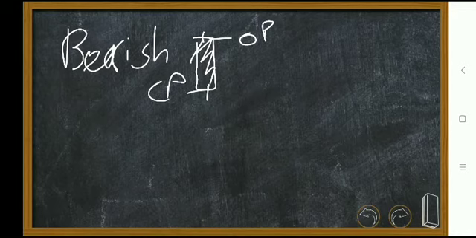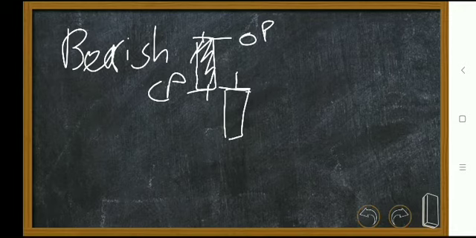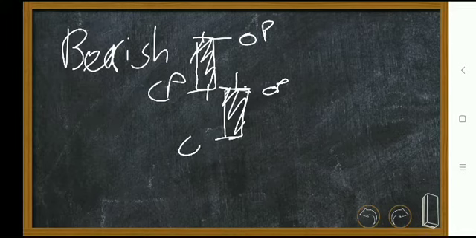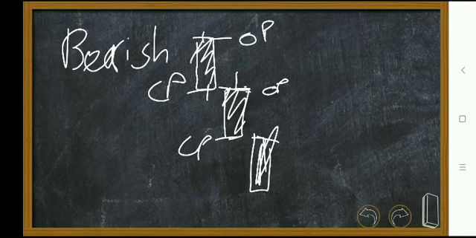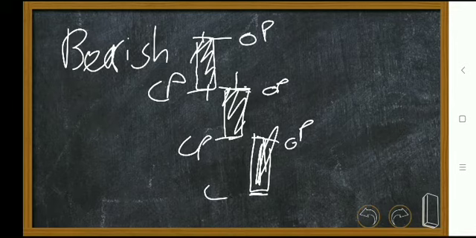Remember, bearish, the closing price is lower than the opening price. So for the next candle, it's like this. This is the new opening price. This is the opening price for the candle. Then this is the closing price. Just like that. It's a sequence. This is the opening price, and this is the closing price.